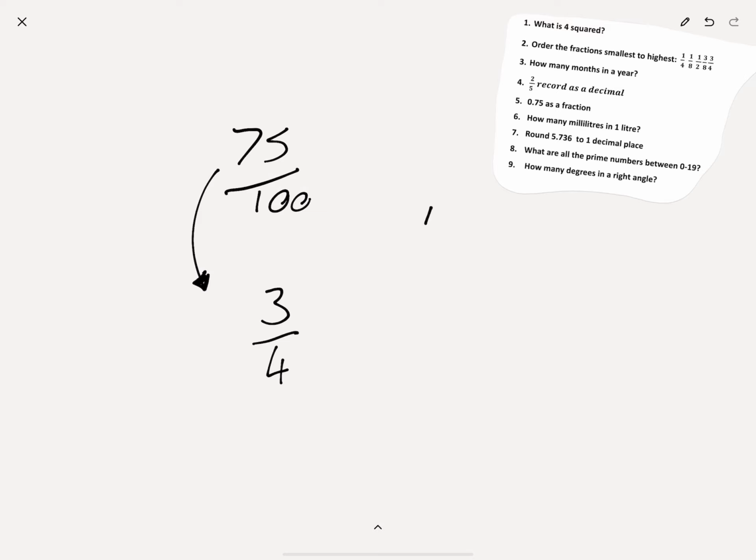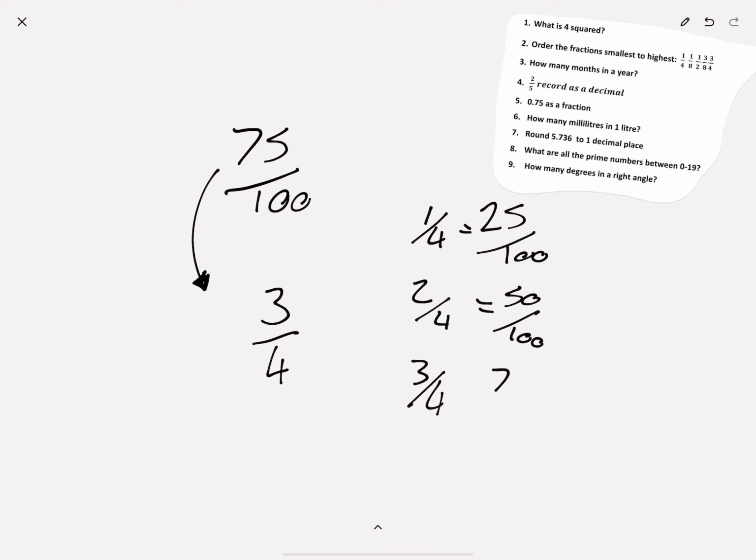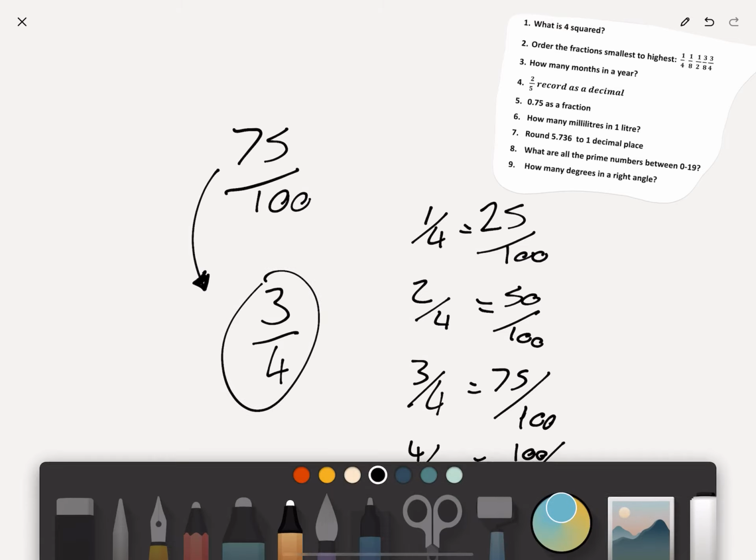Okay, 1/4 would be 25 over 100, or 25%. 2/4 would be 50 over 100. 50%. 3/4 would be what we've got, 75 over 100. And then obviously 4/4 would be 100 over 100. Okay, so 75 over 100, 3/4.